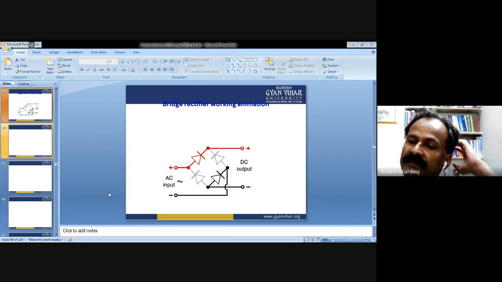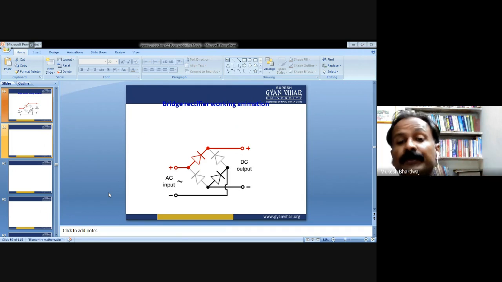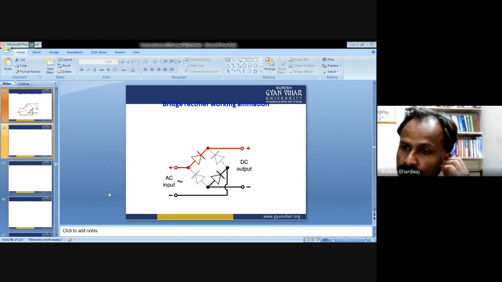The efficiency is near the full wave rectifier, approximately 81.2% when the diode resistance is negligible. The ripple factor, gamma, comes out to be 0.48, and the TUF, transformer utilization factor, equals 0.812.